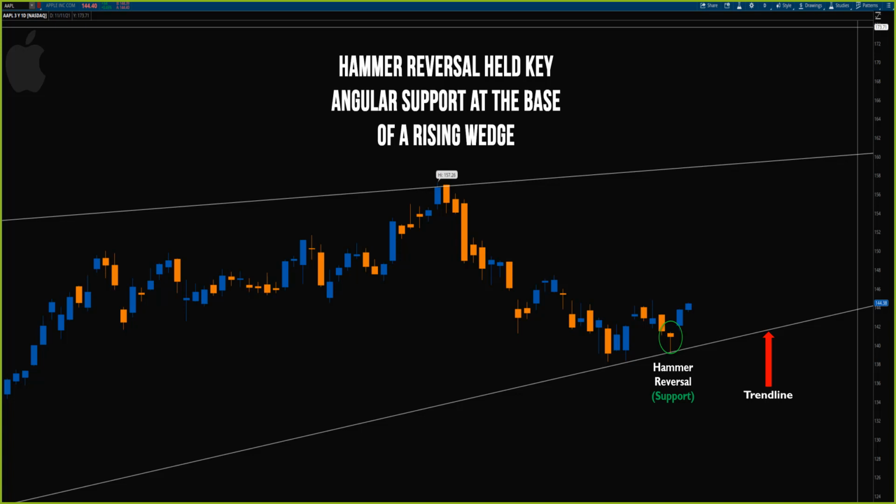So you'll see a hammer is a bullish 1 candlestick reversal, and you'll see there was a hammer right off that angular support level, that lower trend line. Pay attention to this stuff. When price does that and it holds, just very important clue. Doesn't mean it's always going to go up with a hammer, but you start seeing those little-ish candles.